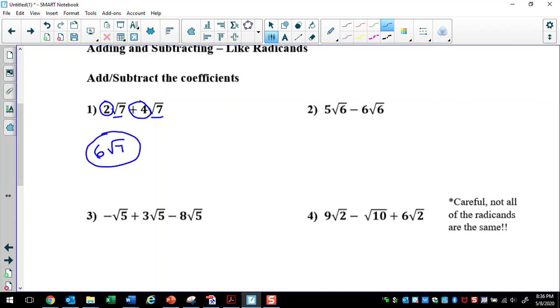We're done. Same with subtraction. They have the same radical, so now I can subtract the coefficients. 5 minus 6 gives me a negative 1. The radical stays the same. And we want to write everything in the simplest form. 1 usually doesn't show up, so we just say negative radical 6. Done.